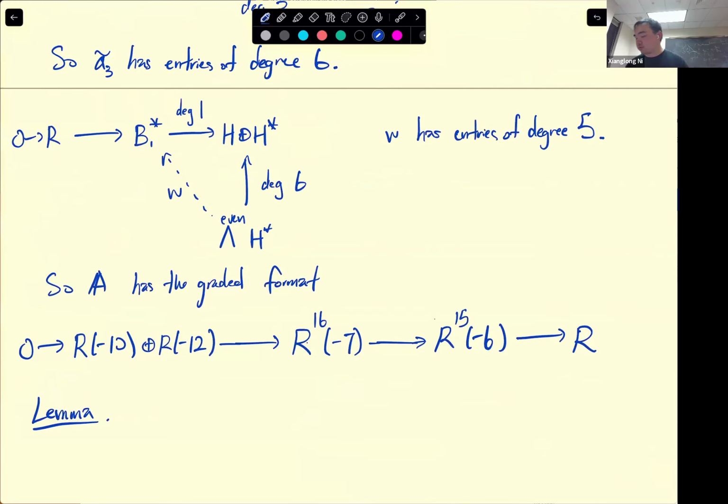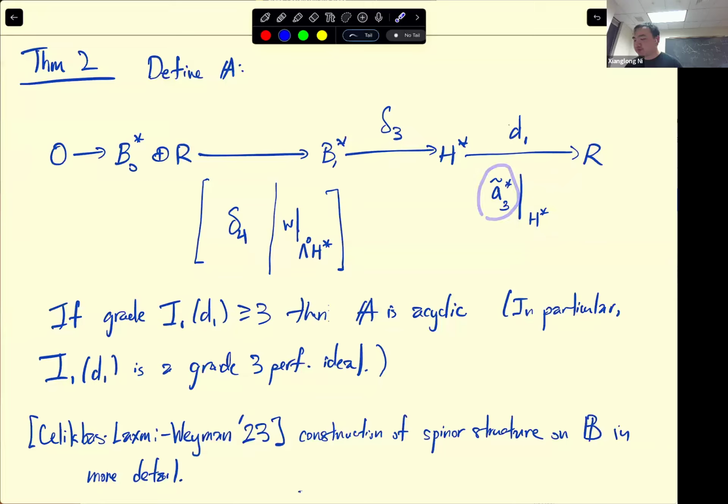But when I take D1, I'm only taking a particular subset of them, the part of the spinor coordinates that come from H dual. The entire domain is wedge odd H dual, but I'm only taking the part that corresponds to wedge 1 H dual.